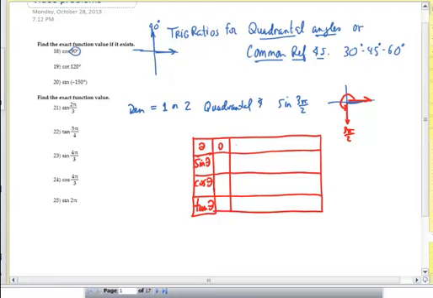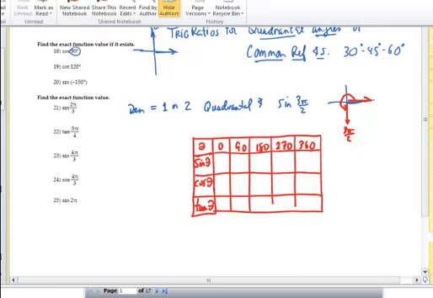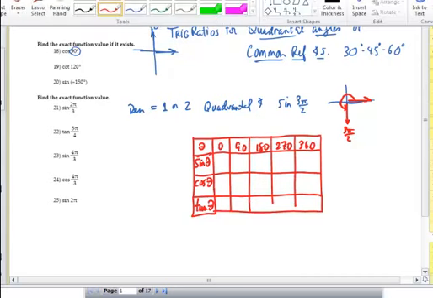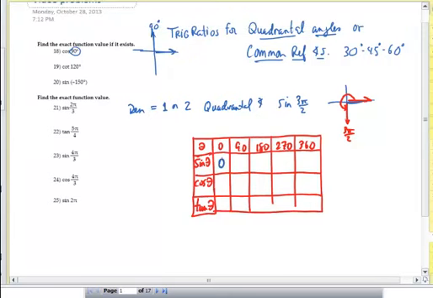So we have 0, 90, 180, 270, and 360. And then the values will repeat themselves. So the sine ratio will start at 0, go to a maximum value of 1, come back to 0, go to -1, and then go to 0 again. Remember, the sine ratio deals with the y coordinates.